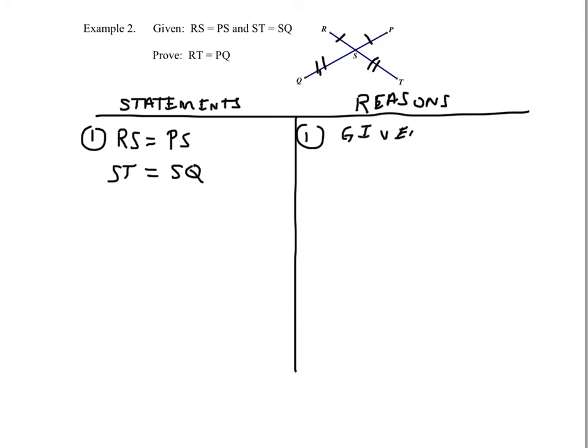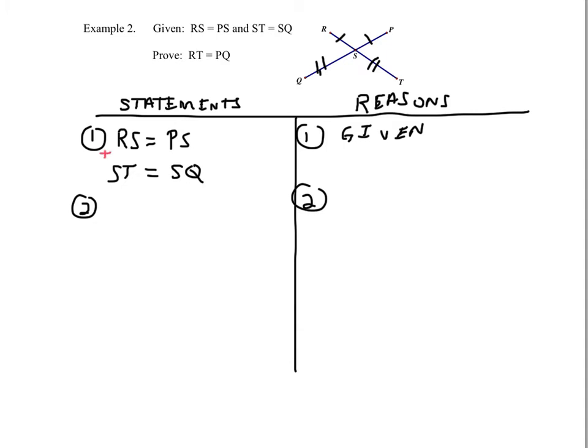Now, after seeing a few proofs, you'll know when you need to keep the given information together on the first line, or when you need to separate your pieces of given information. We don't always put all the given together in line 1.